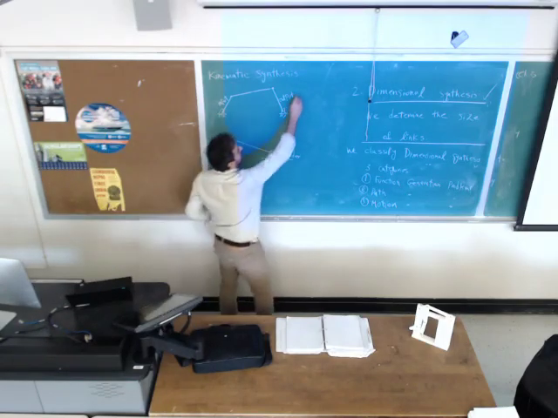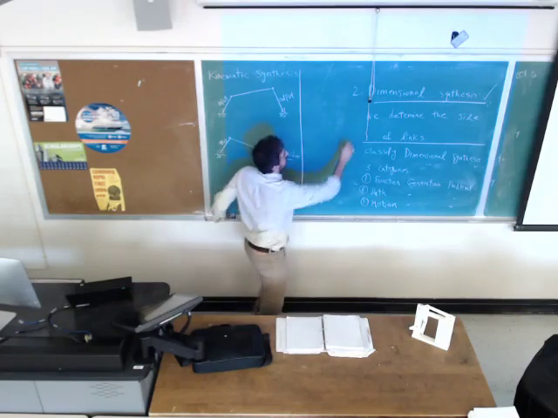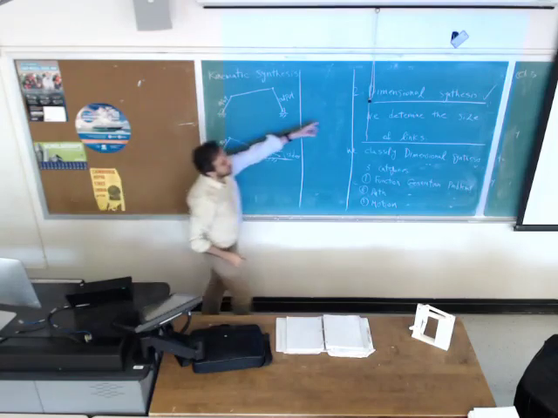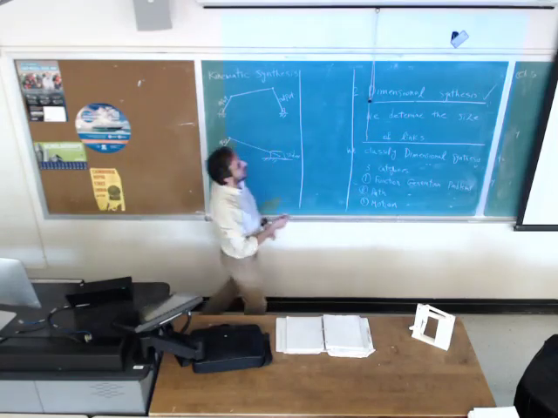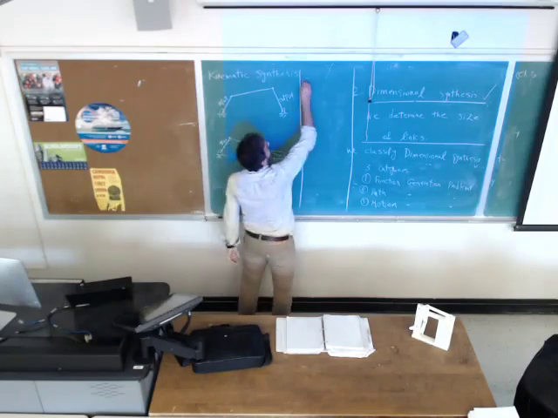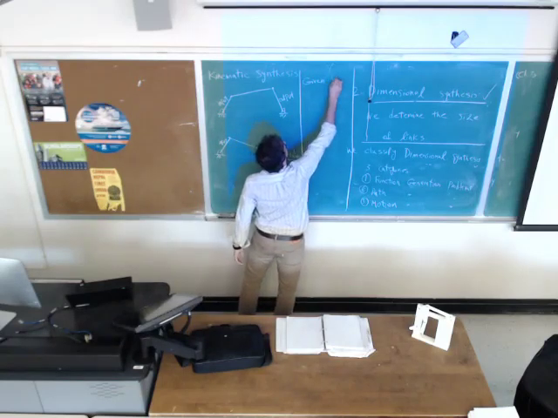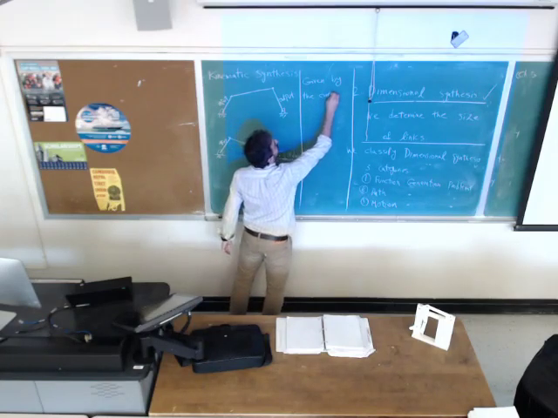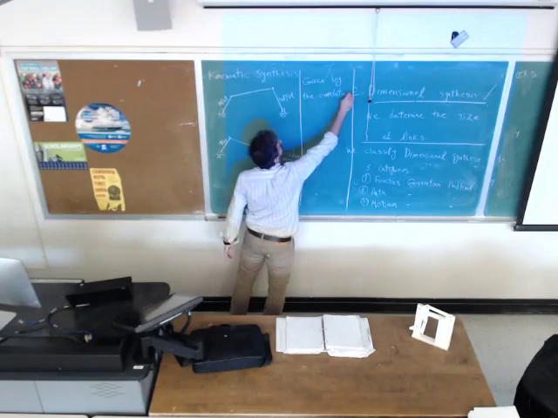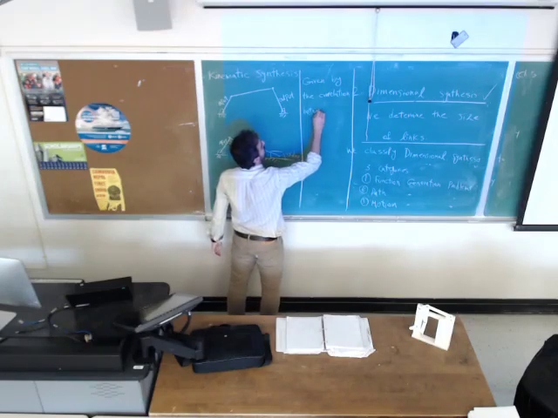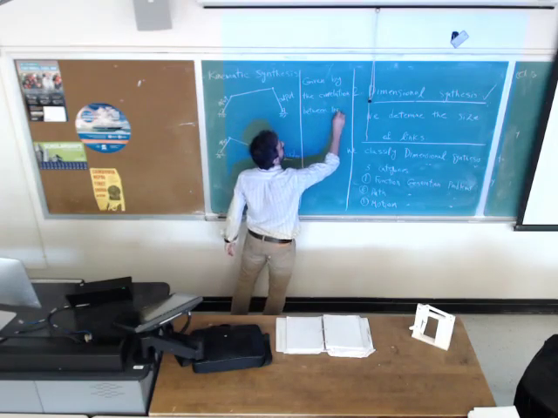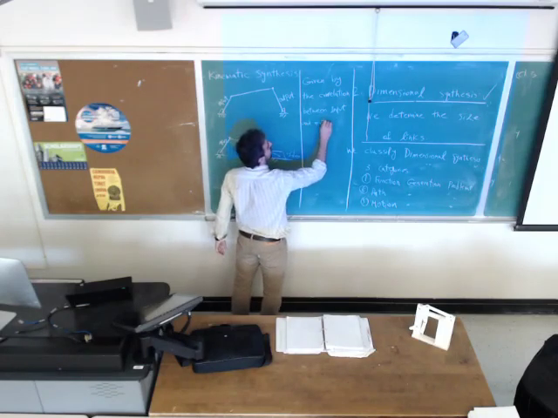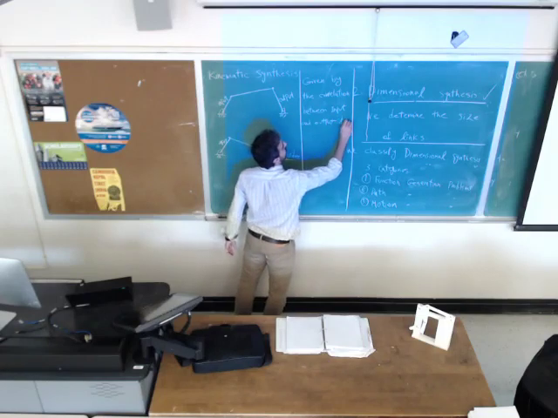So if you are given, in kinematic synthesis, a desired task, and the desired task is representing correlation between input link and output link, we call it function generation.